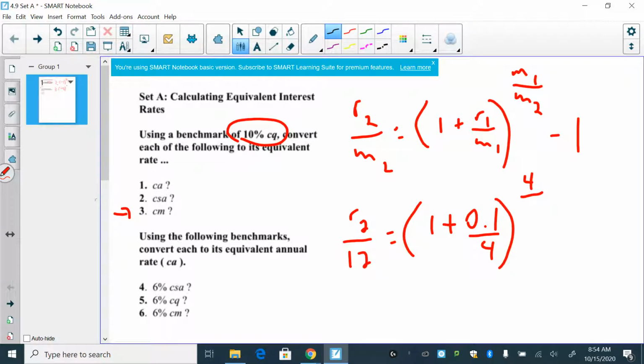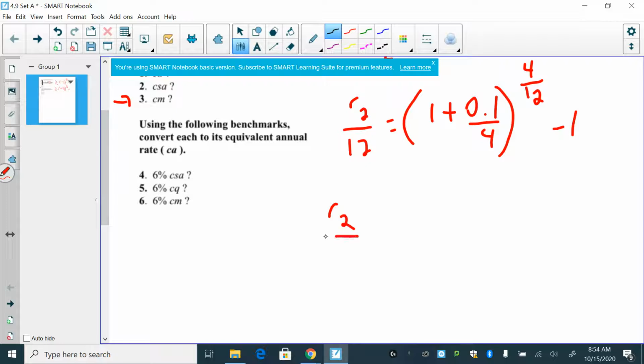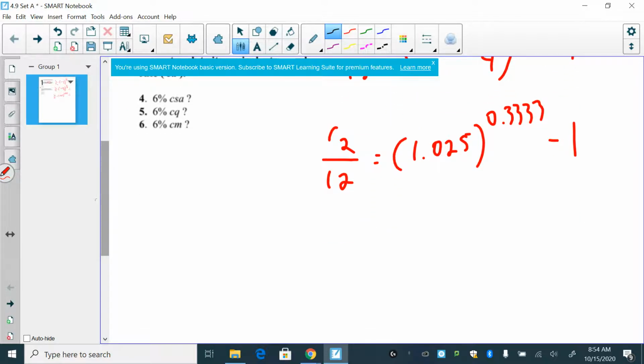We want to know what that would be monthly and then subtract 1. Okay, so leave the left side alone. And then I'm just going to do 0.1 divided by 4 plus 1. So I've got 1.025 and then 4 divided by 12 is 0.33333 repeating. As long as you do 4 decimal places, you should be pretty good.